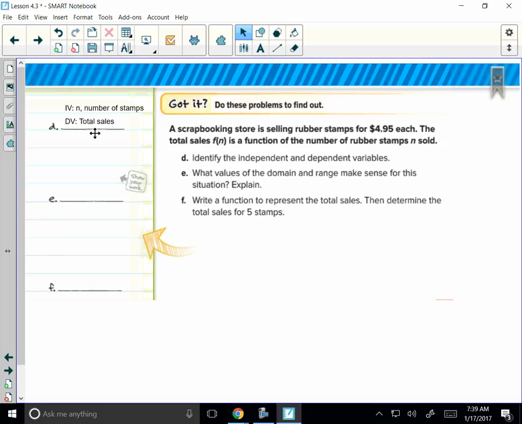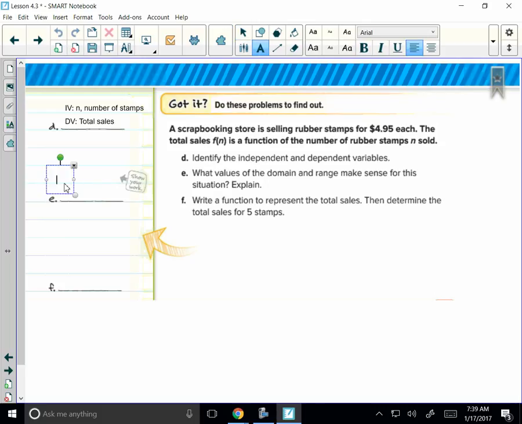Now for E, what values of the domain and range make sense for this situation? So think about a scrapbooking store selling rubber stamps. Now for the domain, which is our independent variable, it's the number we're going to be multiplying.